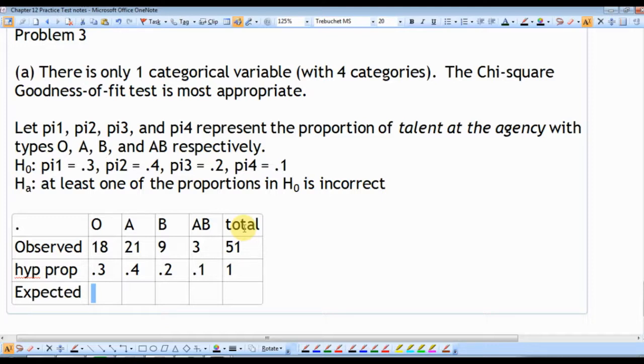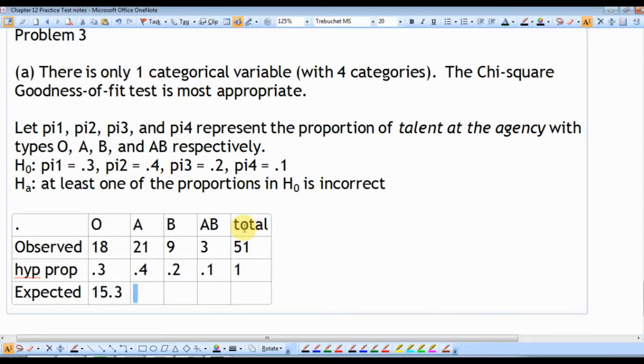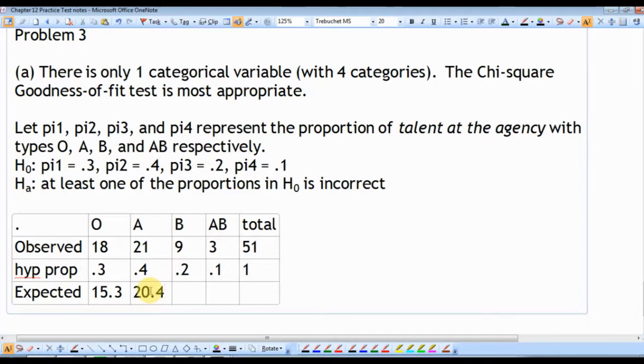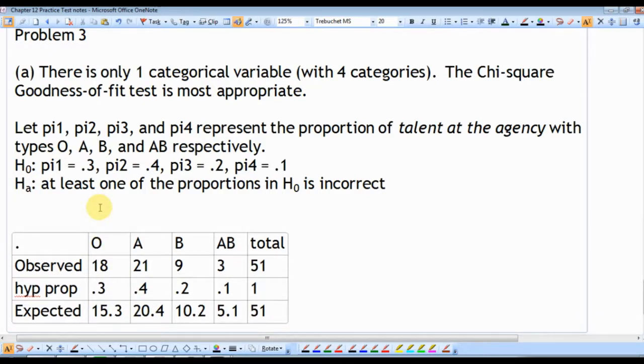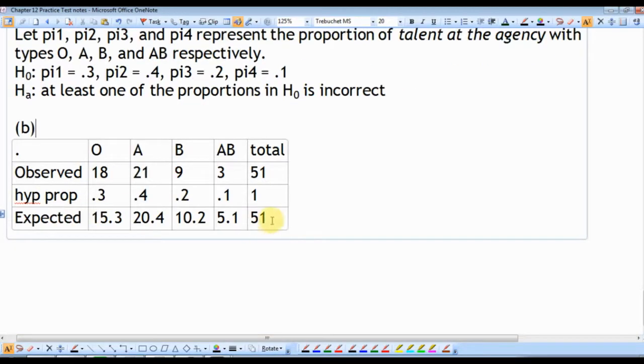That's 3 times 5, 15, so 15.3. 4 times 5 is 20, so 20.4, then 10.2, 5.1. That's great. Right, so that's our hypothesized and our expected.